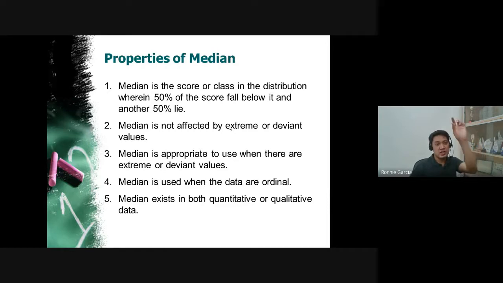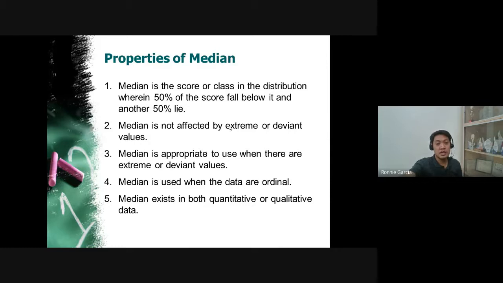Even if it's very satisfactory, not so satisfactory, as long as it is arranged even if not numbers, you can identify the center, and that will be your median. As comparison, earlier the limitation of the mean is that it can only be used with quantitative data. But the median can be used with quantitative or qualitative.